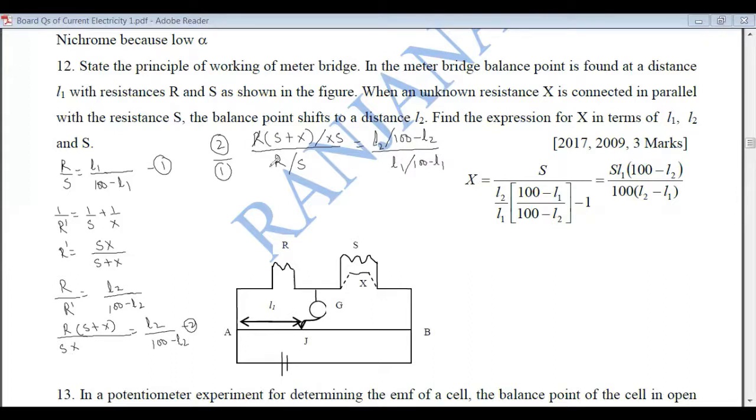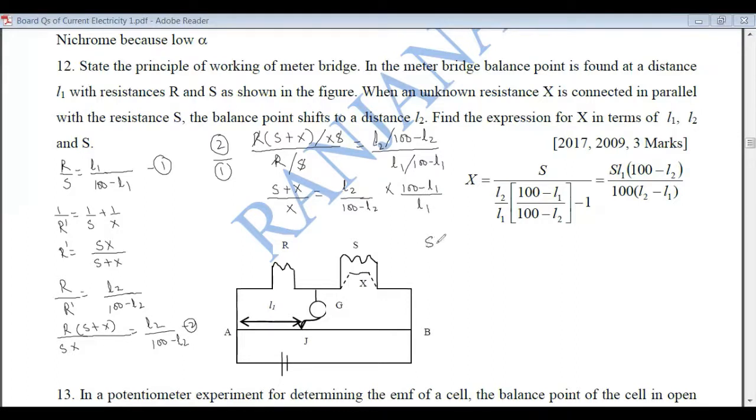The R and S and S cancel out. So on the left hand side we get S plus X upon X, which is equal to L2 upon 100 minus L2 into 100 minus L1 upon L1.